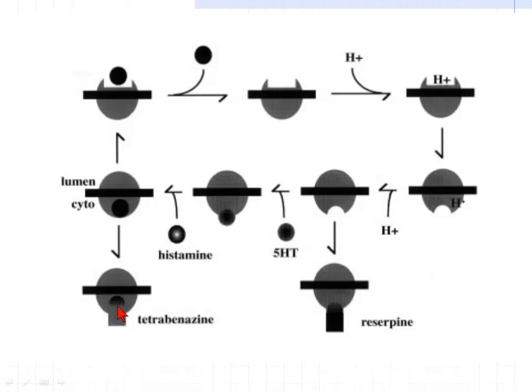And then you can see that both tetrabenazine and reserpine block the ligand recognition site and prevent the transport. I guess the other thing here that you're supposed to pay attention to is that the action of reserpine requires that the transporter be inserted in a membrane and have this hydrogen ion activity across the membrane, whereas tetrabenazine binding is reversible and does not require that the protein be inserted in a functional vesicle.